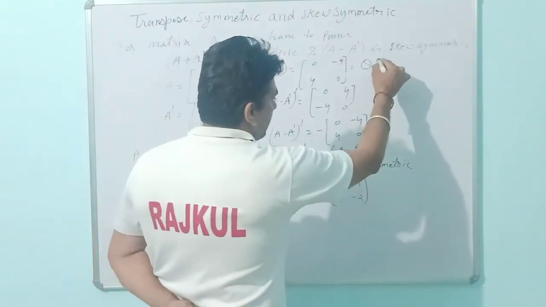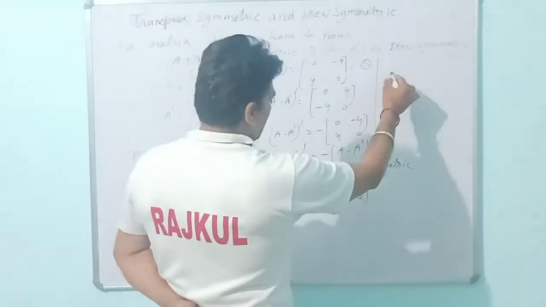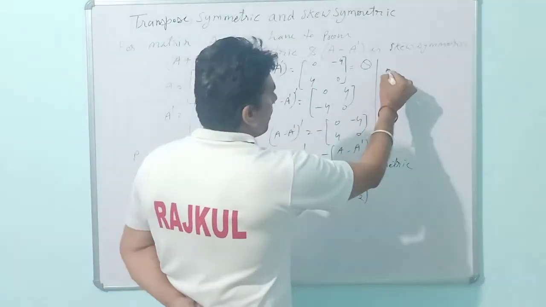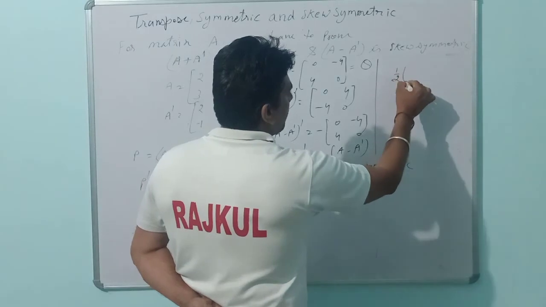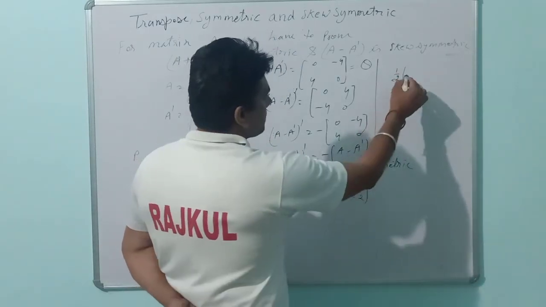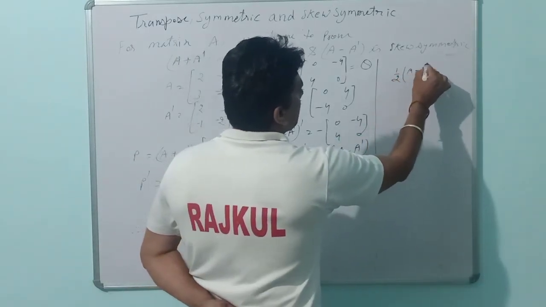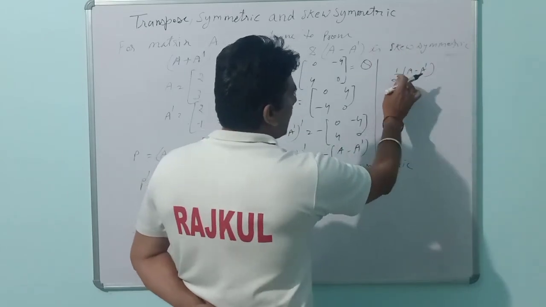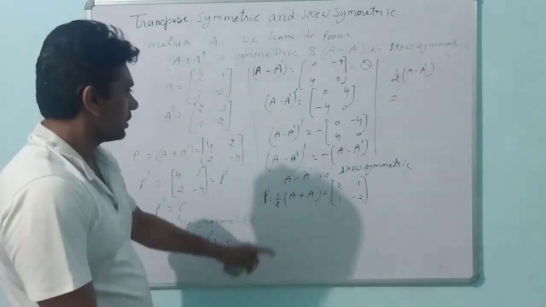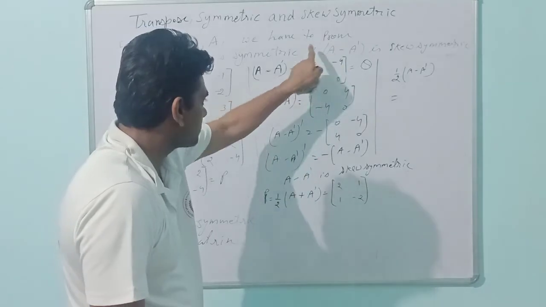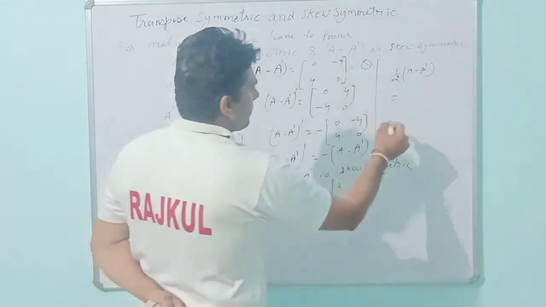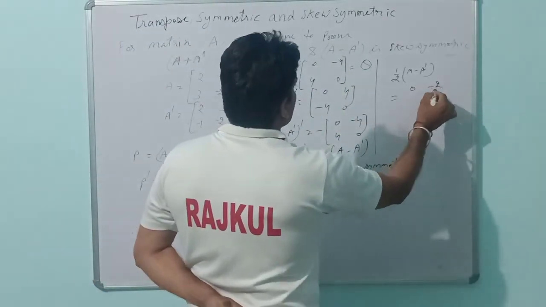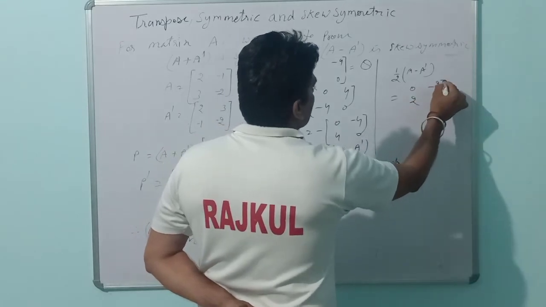Now we have to find half of A minus A transpose. A minus A transpose is this, meaning 0, minus 2, 2 and 0.